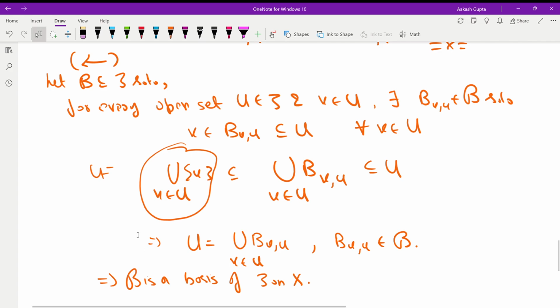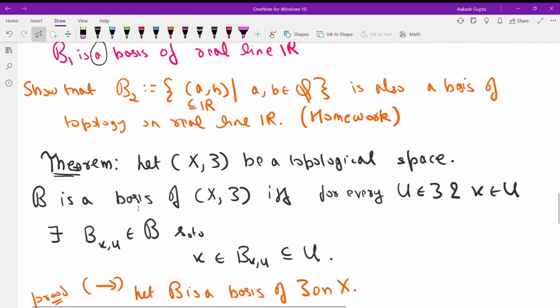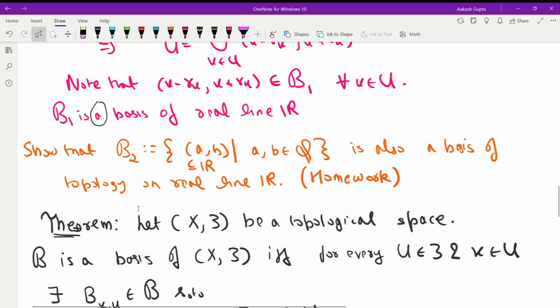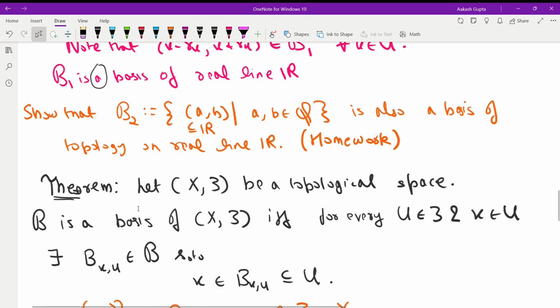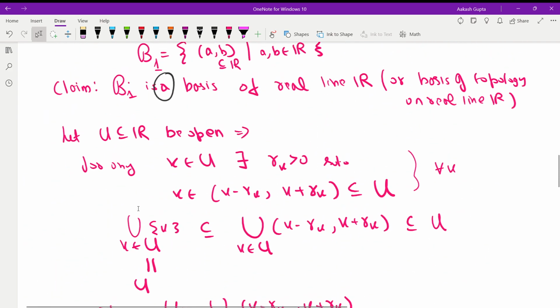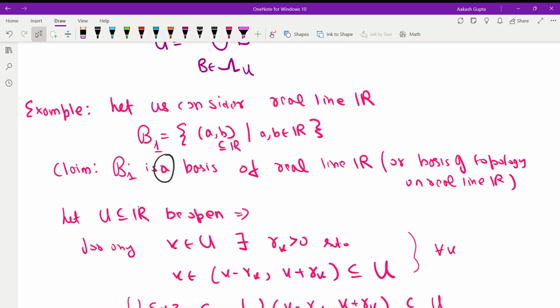Okay. So you see, the concept of basis in a topological space is somewhat similar to the concept of basis in a vector space. In a vector space, bases help you to identify every member of the vector space. And in a topological space, basis helps you to know about every member of the topology, right?